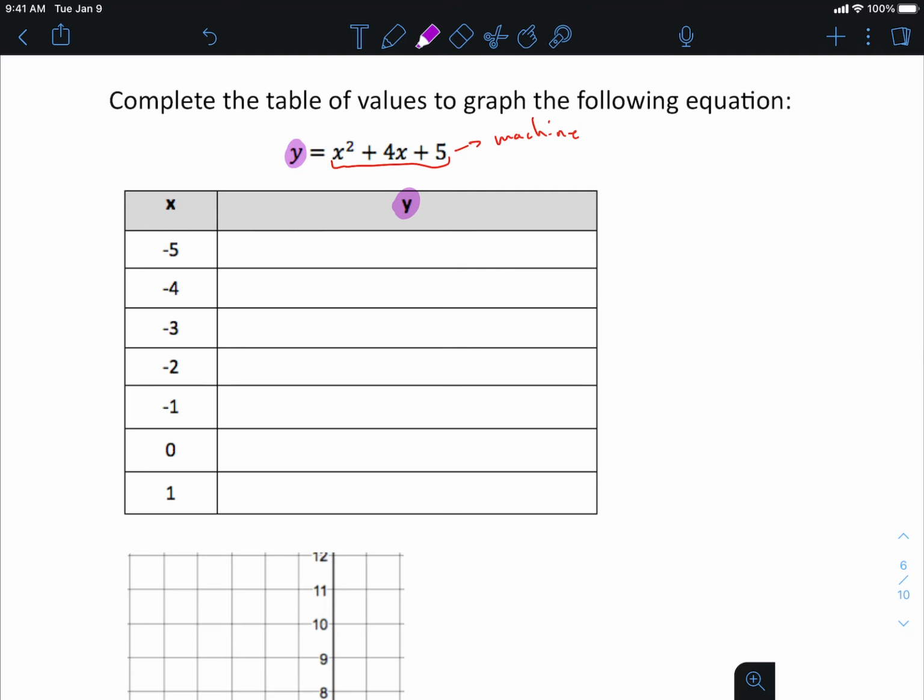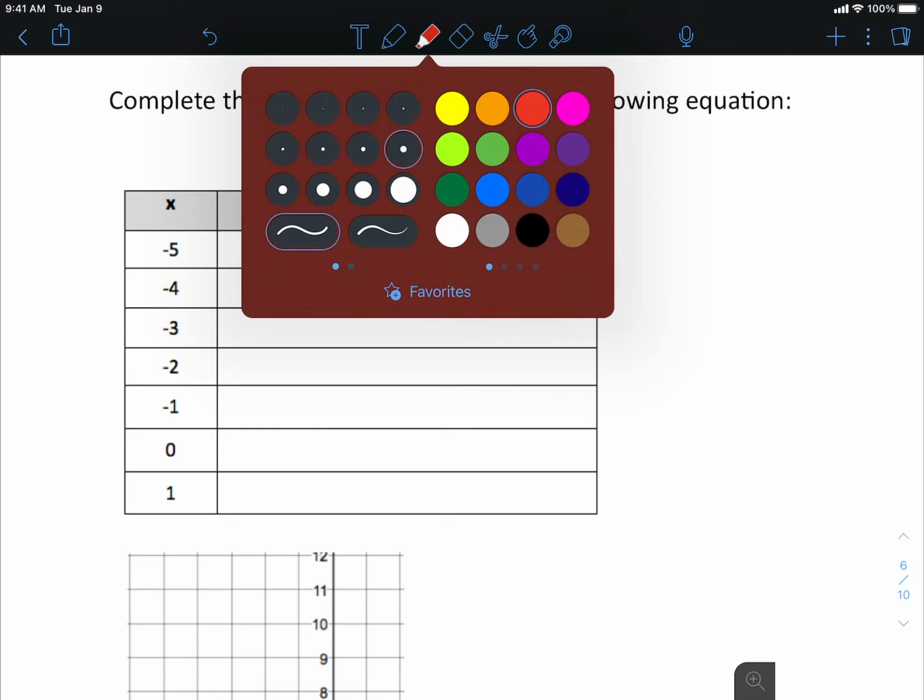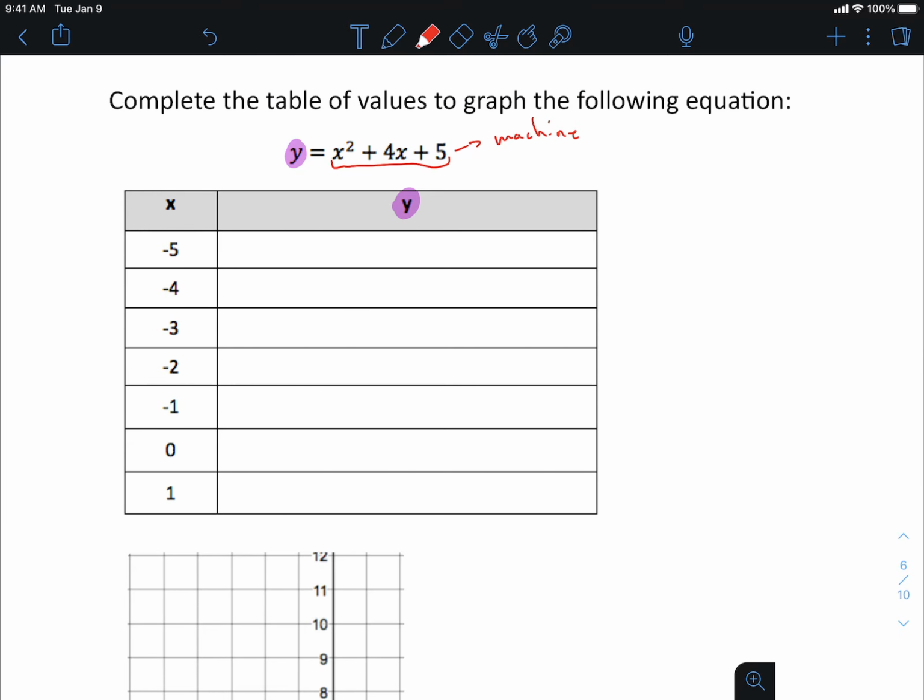You're inputting things into your machine and seeing what comes out the other end. You input those values where it tells you to put them, then you just do the math and see what comes out the other end.